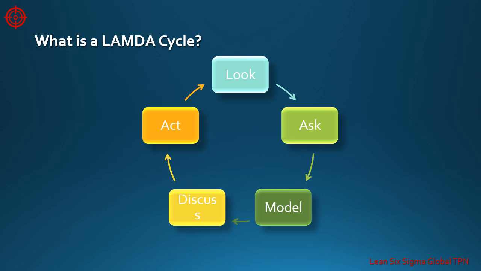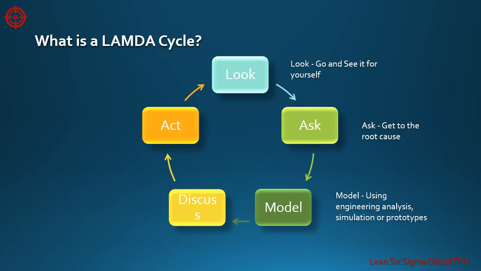Look is go to the place where it is and see for yourself. Ask is asking a variety of key questions to help uncover the key relationships. Model is create visual models to improve the accuracy and efficiency of communication.